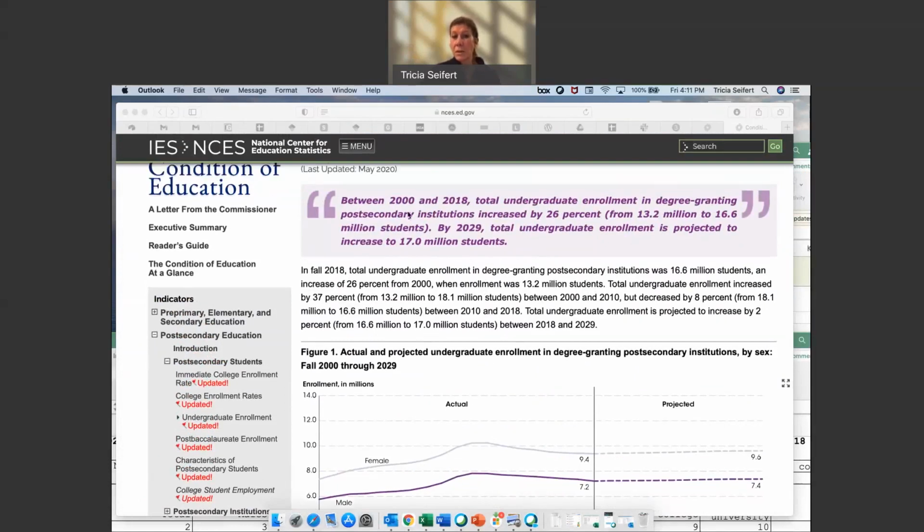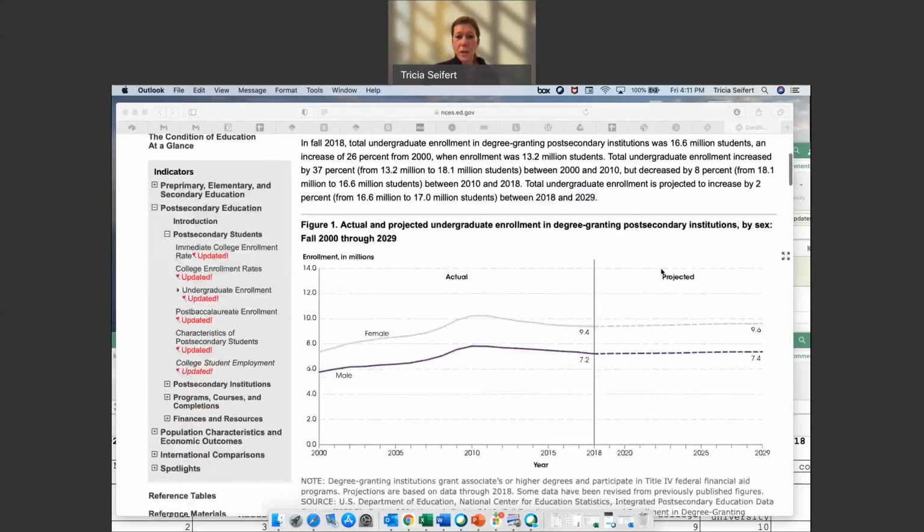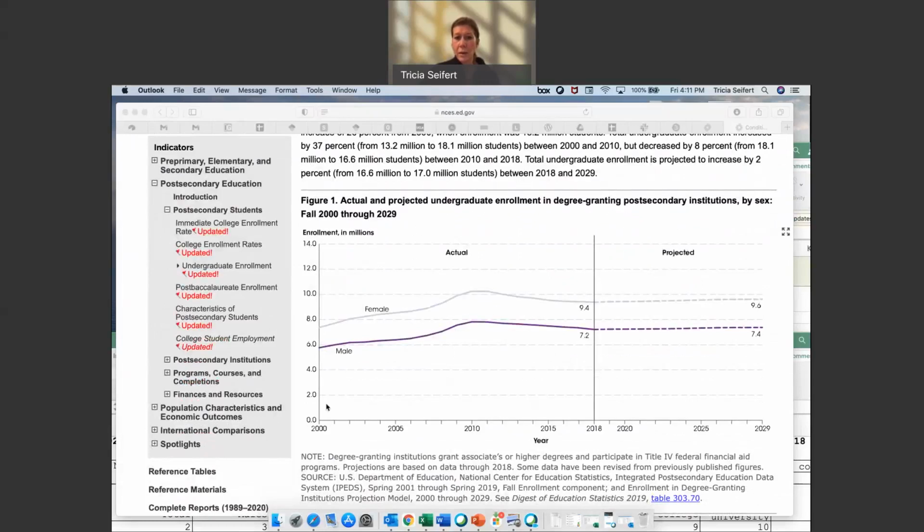Between 2000 and 2018, the total undergraduate enrollment in degree-granting post-secondary institutions increased by 26%. If you think about that, that would make a lot of sense when you go back to 1960, and from 1960 to 2018, that increase was nearly 100%. It almost doubled completely. So that's what this is showing.